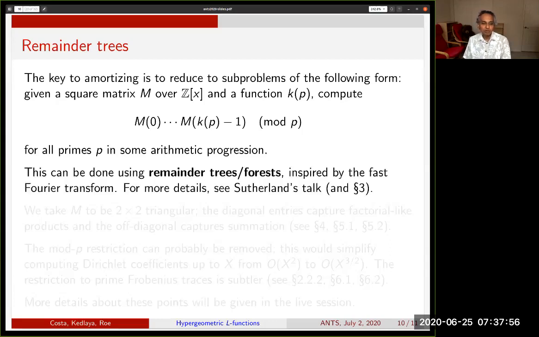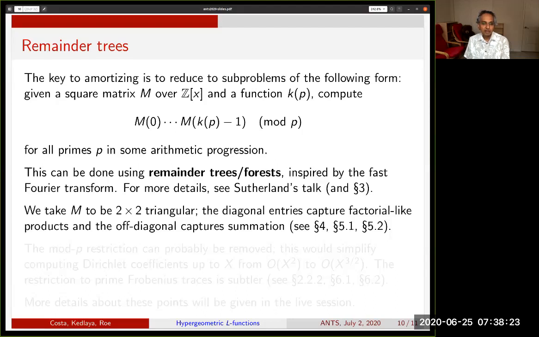This can be done using what are called remainder trees or remainder forests. This computation is very much inspired by the fast Fourier transform. I don't want to talk about it in detail here because Drew Sutherland's talk will also cover this topic in somewhat greater detail. So you can see some details about how remainder trees and forests are set up in Sutherland's talk and also in his paper.